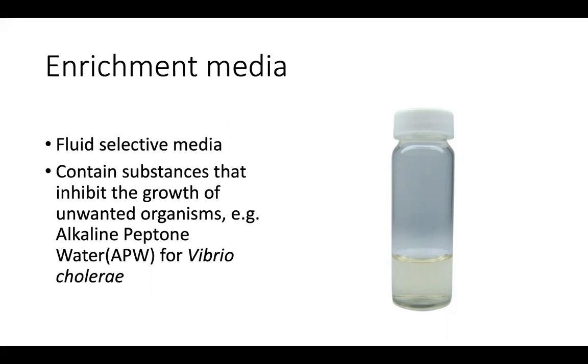That is why you need to enrich the growth of the pathogenic one while inhibiting the growth of these normal flora that are not going to give you any additional information. So, as we've said, an example is alkaline peptone water that we use for enrichment of stool from a patient that we suspect to have cholera.